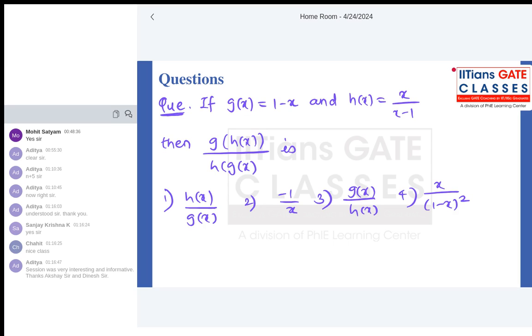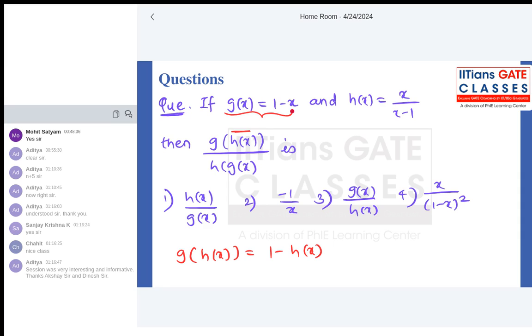So here, as I said, when you do the composite functions, your h of x now has become the input to your g function. So therefore, what is your g of h of x? It is nothing but 1 minus h of x, because g of x is defined as 1 minus x. And now instead of x, h of x is the input to your g function.